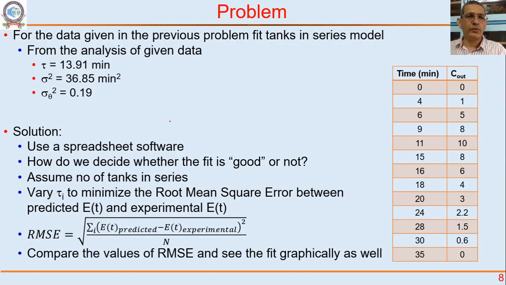So what I want you to do is use this data in the previous problem. This was our reactor that we had said. We have done an RTD study on a real life reactor. This is the behavior that we get. I would like you to fit the tanks in series model to this data.